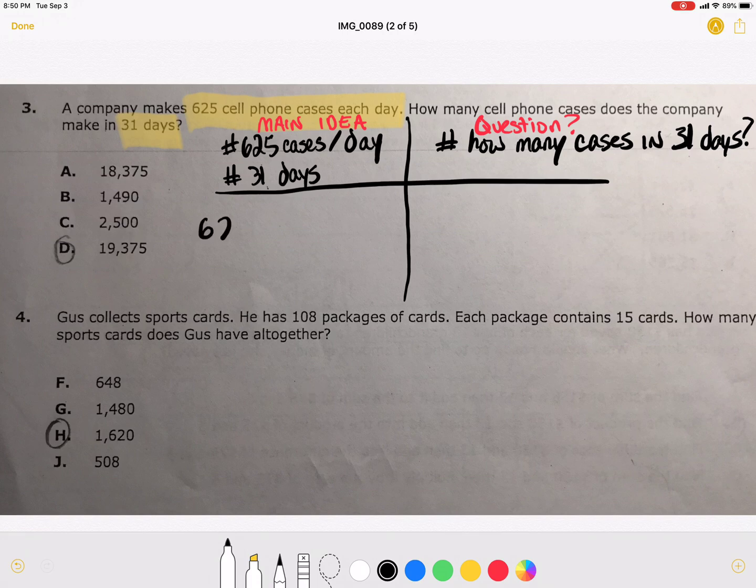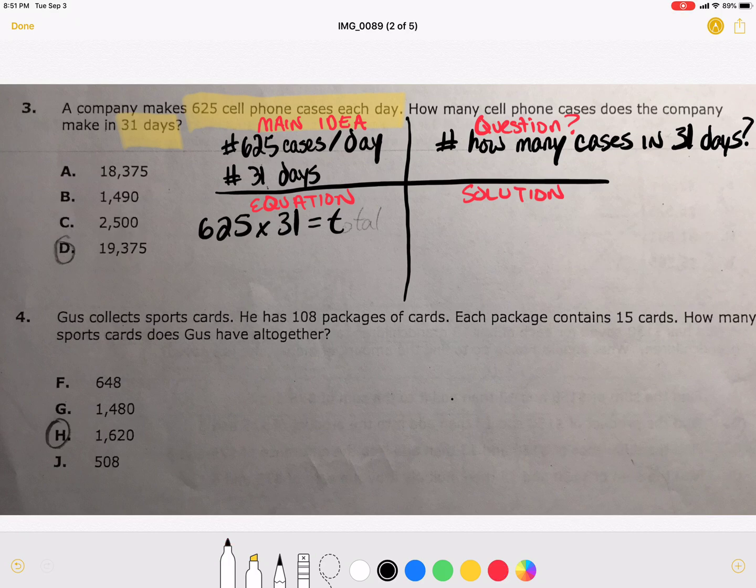So 625 cases times 31 days equals T for total. And now we solve it. Solution.